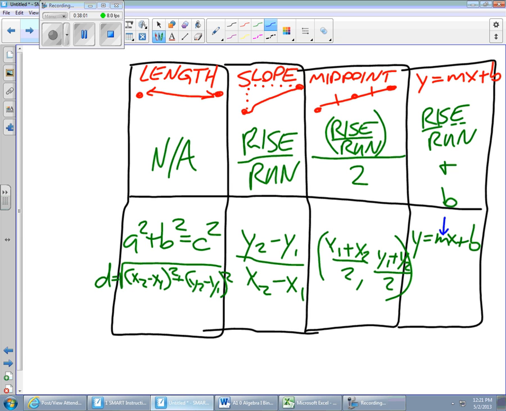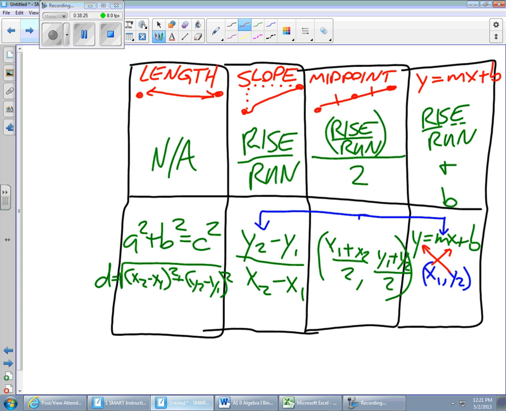As far as m, where can you get m from? Well, you can get m from back here. We can calculate it if we have to. And then what happens if you cannot get your y-intercept out of your graph? That's fine. Take a point out of your graph and plug it in.